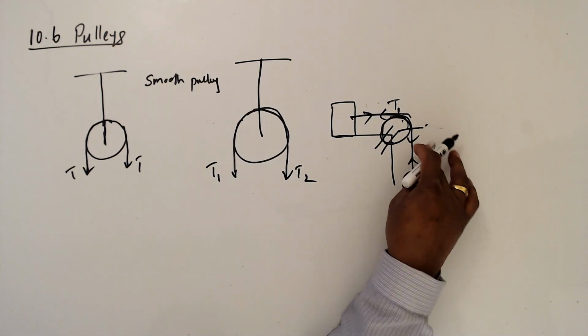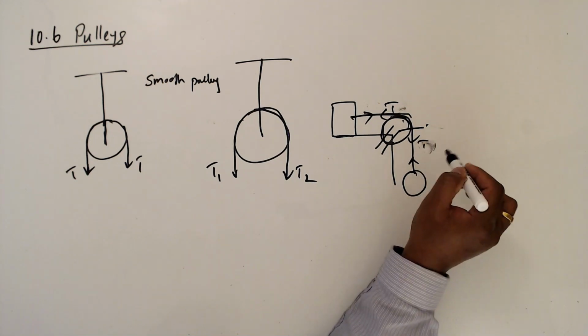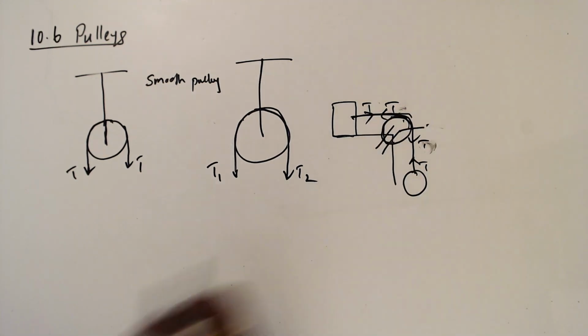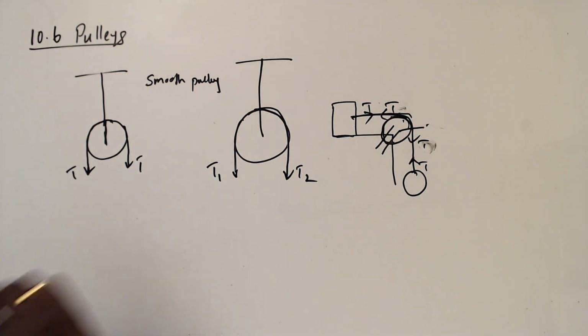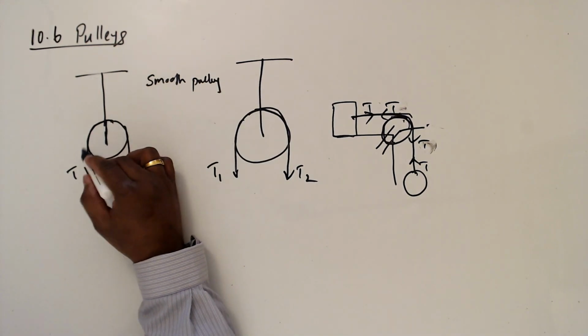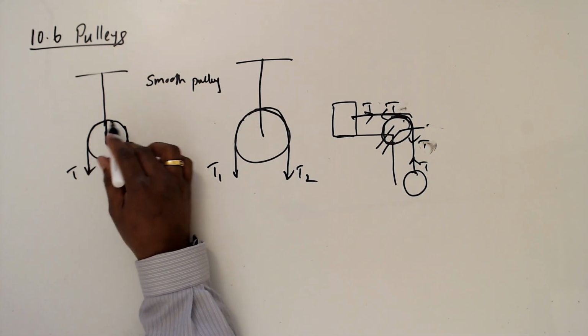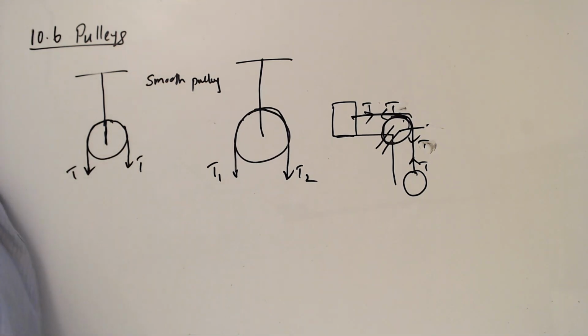So that is the only thing. If it is smooth, this is T and this is T. The word smooth is usually applied when the tension is the same in the string everywhere.